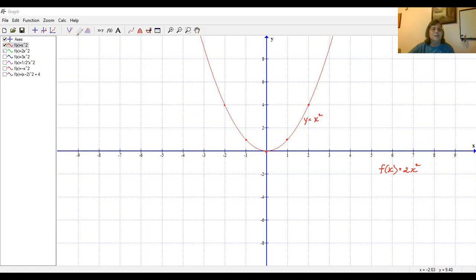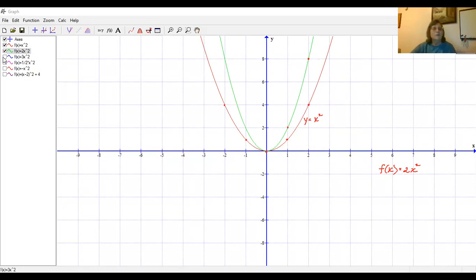And the graph actually looks like this, the green one. So this now still has 0, 0. But instead of 1, 1, it now has 1, 2. Instead of 2, 4, it now has 2, 8, doubling each of the y values.